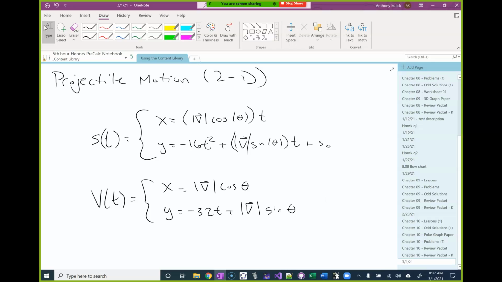And then everything else still is the same. Like the time is measured in seconds. The distances are measured in feet. We're using the English unit constant for gravity. So let's look at some examples now.